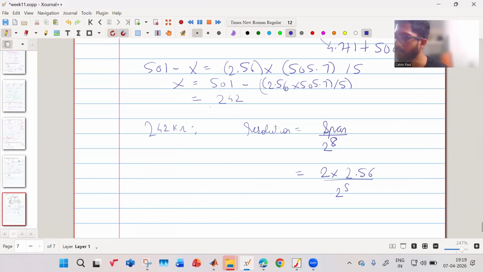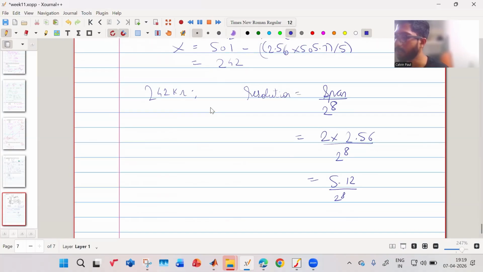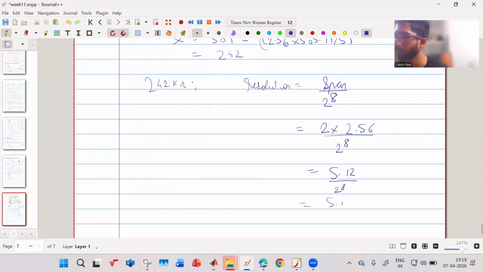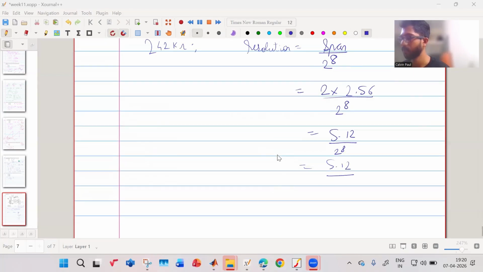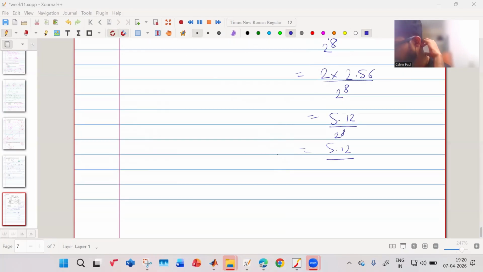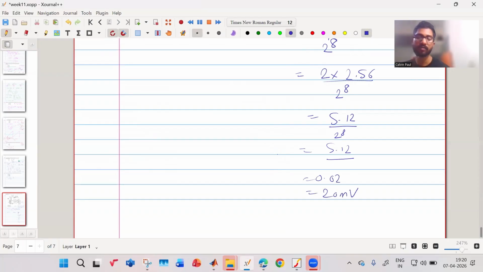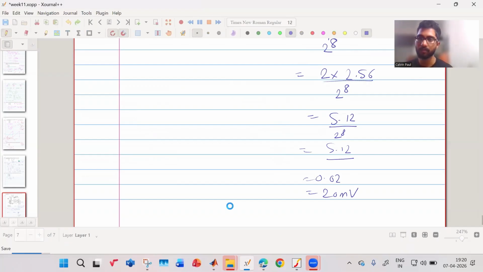Upon 2 raised to 8. 2 into 2.56 is 5.12, upon 2 raised to 8. That comes out to be 0.02. That actually is 20 millivolt. Okay, that is your resolution.